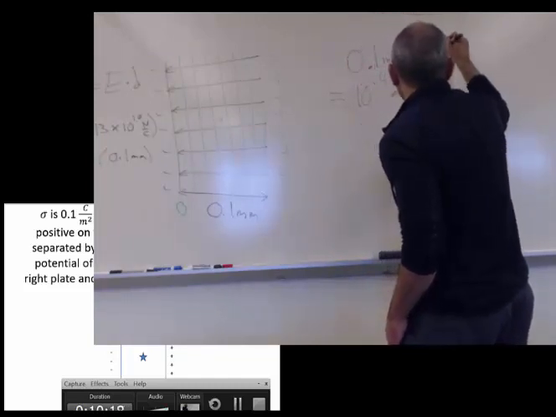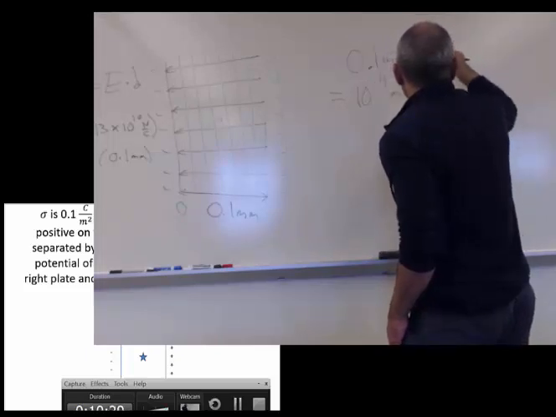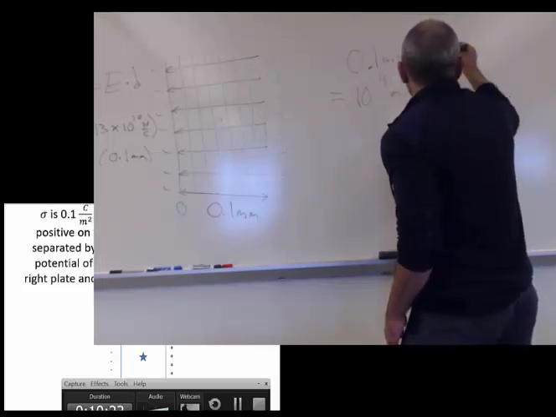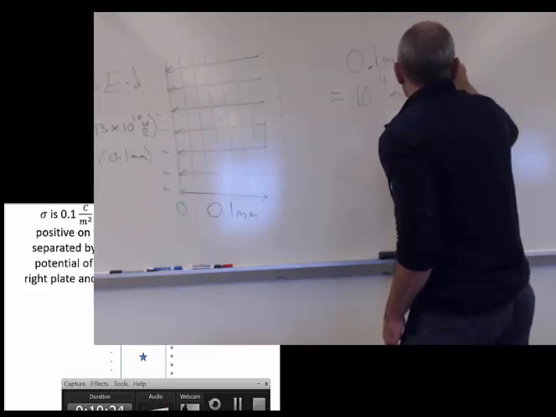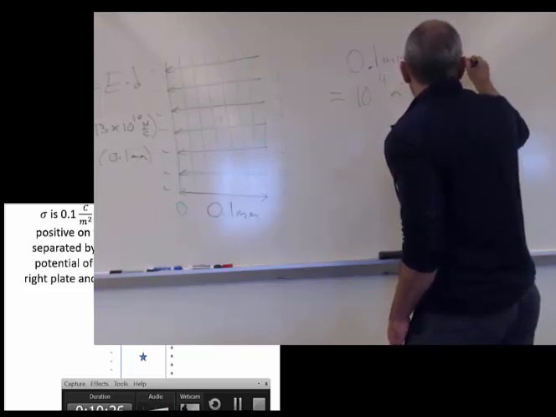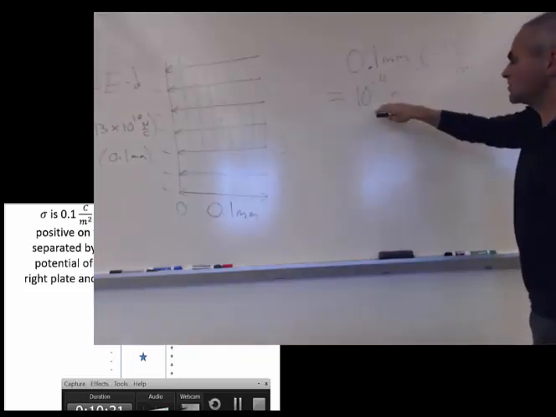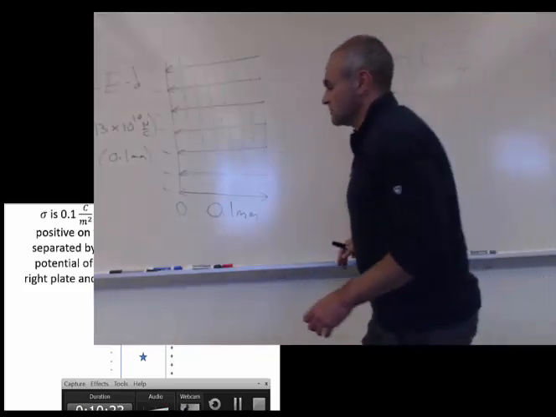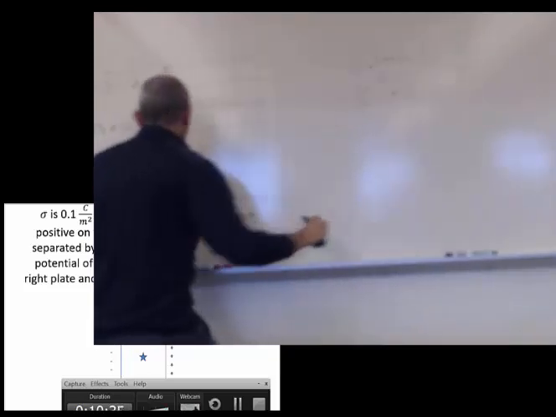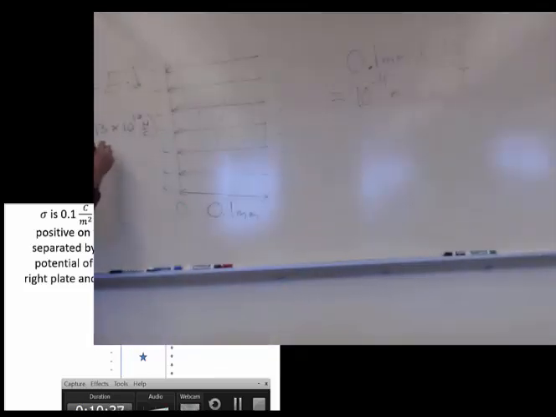And the way I know that is that 1 meter is 10 to the third millimeters. So this is 10 to the minus 3 times 10 to the minus 1. I get 10 to the minus 4 meters. So I can replace the 0.1 millimeters with 10 to the minus 4 meters. Multiply this out, and I'm going to get 1.13 times 10 to the 6th Newton coulombs per meter.